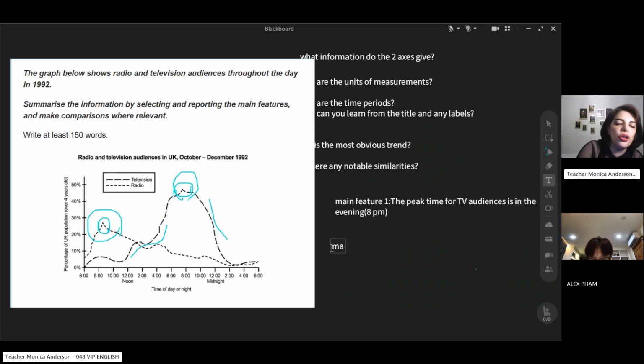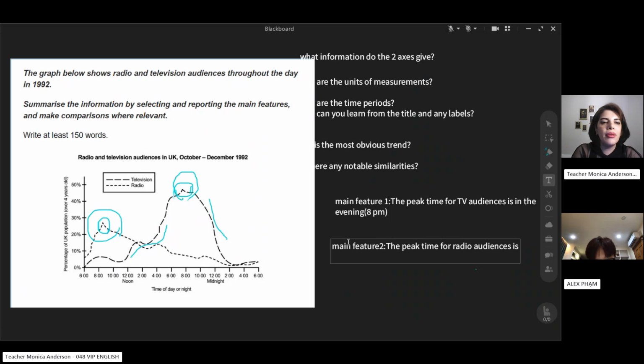Now main feature two, exactly the same. The peak time for radio audiences is when it's in the morning.